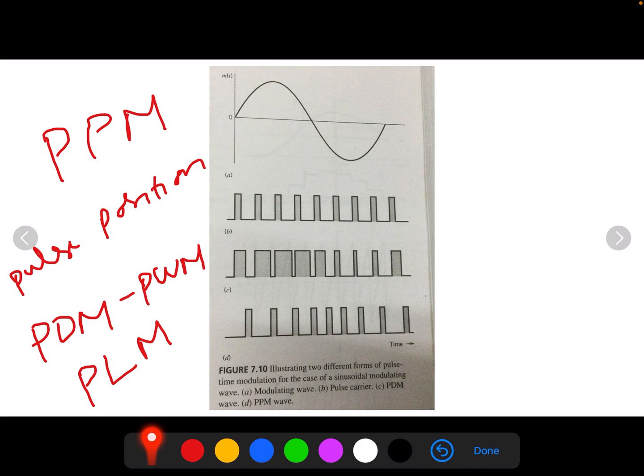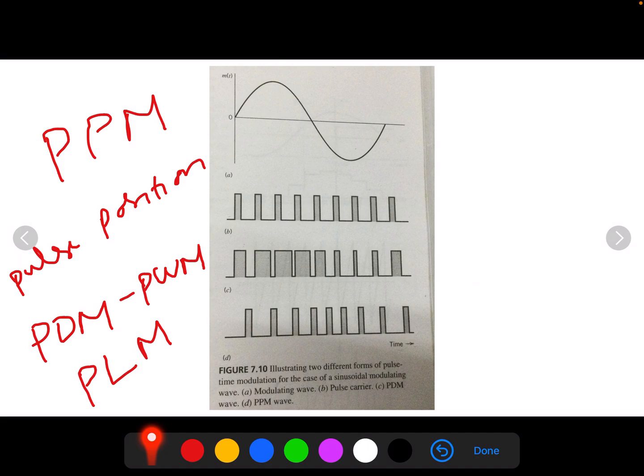In PPM, the position of a pulse relative to its unmodulated time of occurrence is varied in accordance with the message signal.